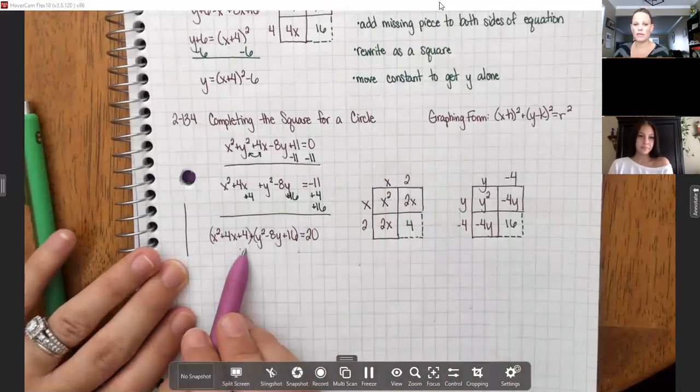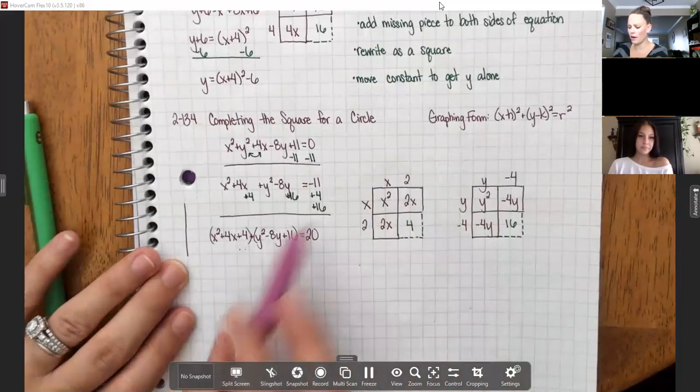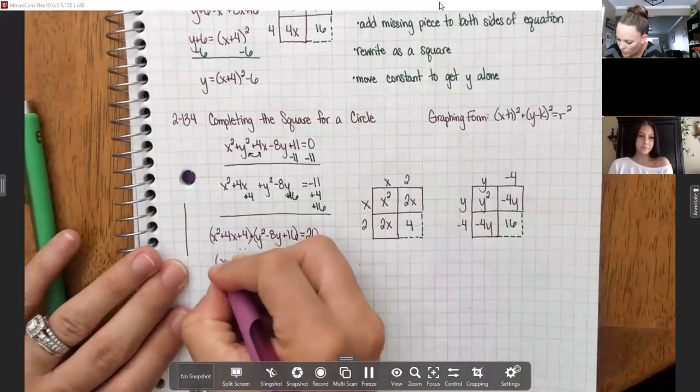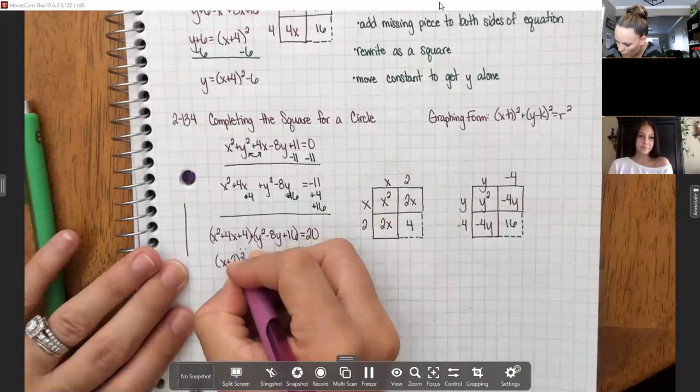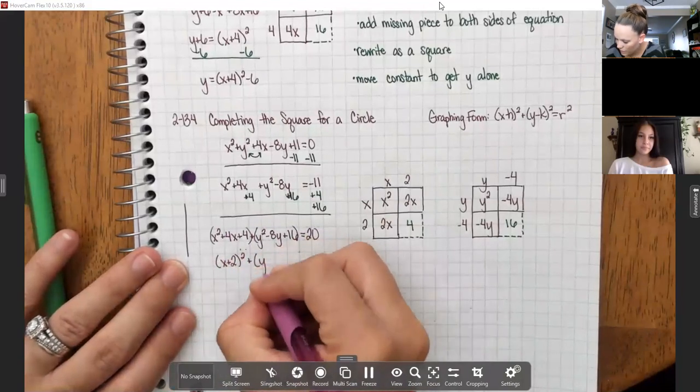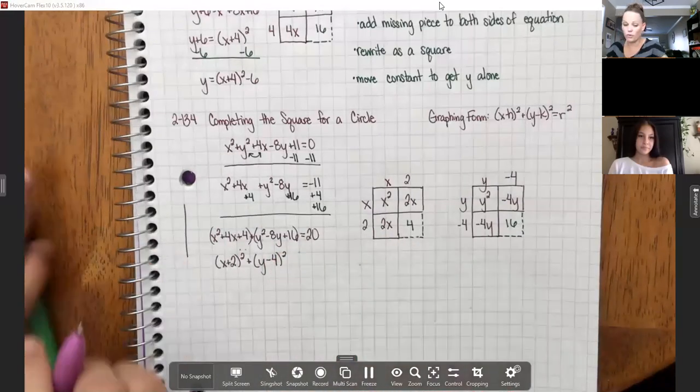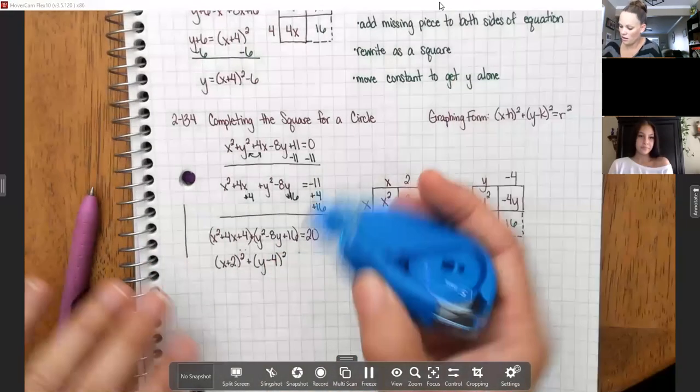Some of you are going to skip this step. I will often skip this step when I'm writing it out. I know I added 4 to make this a square. So this is x plus 2 squared plus the outside of this one, y minus 4 squared. That should not be 20, sorry. That should be a 9.